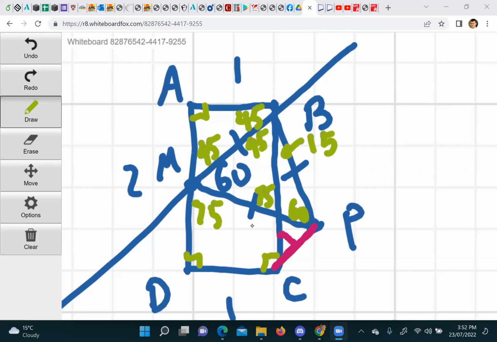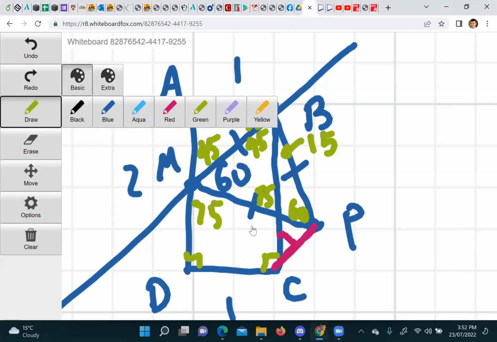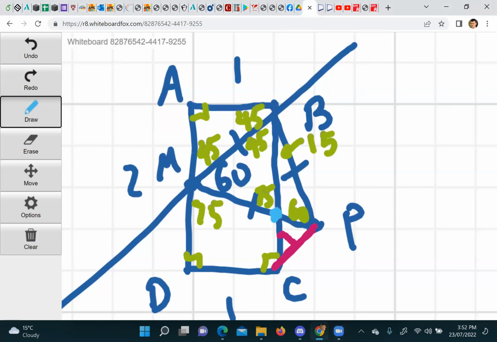Then angle M and then the point between C and U, here, like X. That the MXC would be 95.